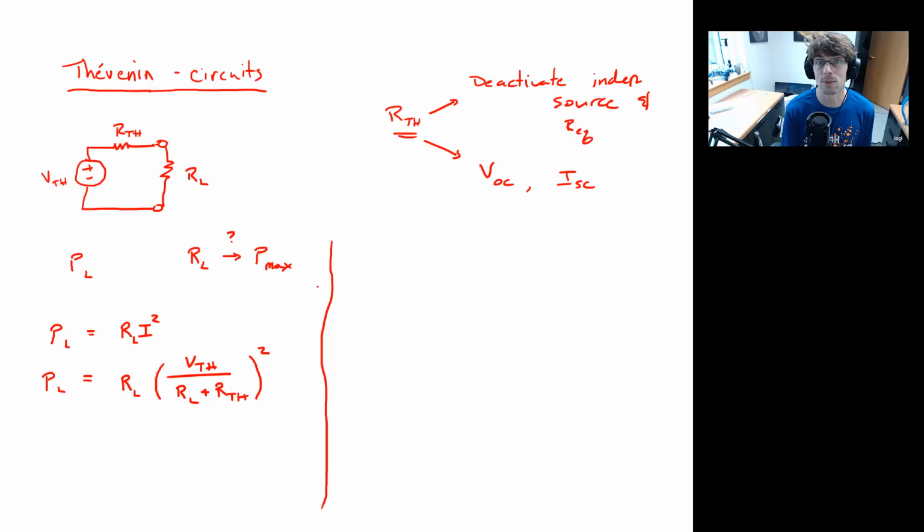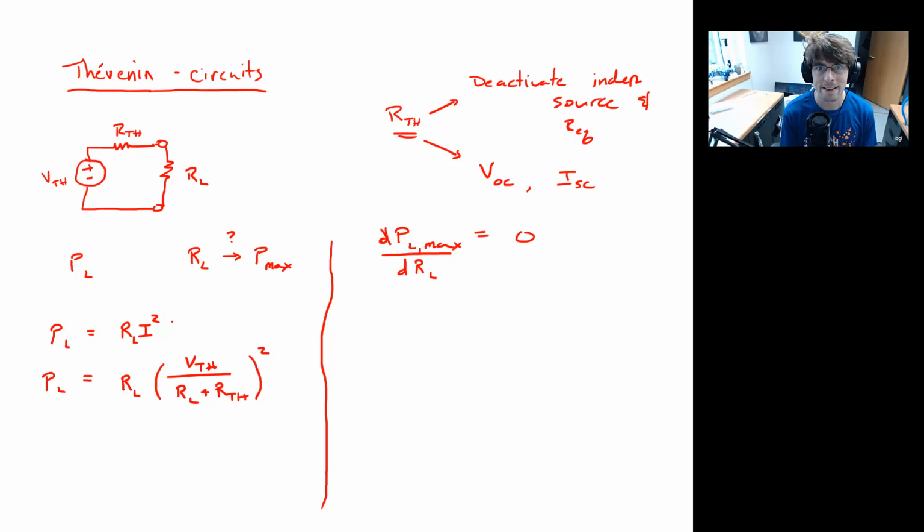Yeah, we take the derivative and we set the derivative equal to 0. So what do we have here? P max equals this rigmarole. And what we want to do is take the derivative with respect to our variable and set it equal to 0. That will tell us the maximum value. So go ahead, run it.